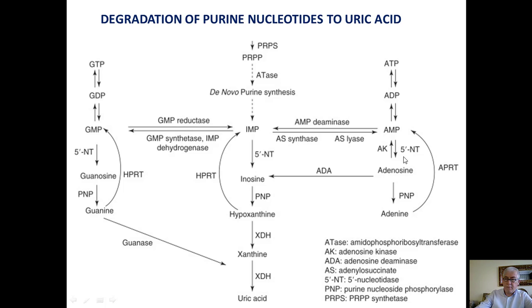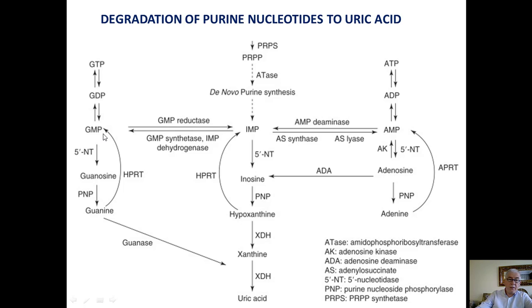The 5' nucleotidase, 5' NT enzyme, a phosphatase, cuts off one phosphate group from AMP and produces adenosine. Adenosine goes to inosine by a unique enzyme, adenosine deaminase, and inosine is used by PNP, purine nucleoside phosphorylase, and turns to hypoxanthine. Hypoxanthine goes to xanthine and uric acid by xanthine oxidase.